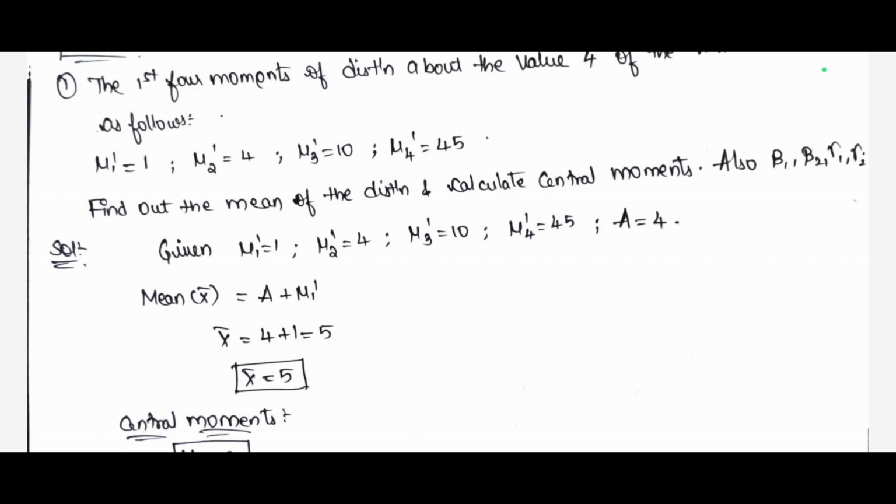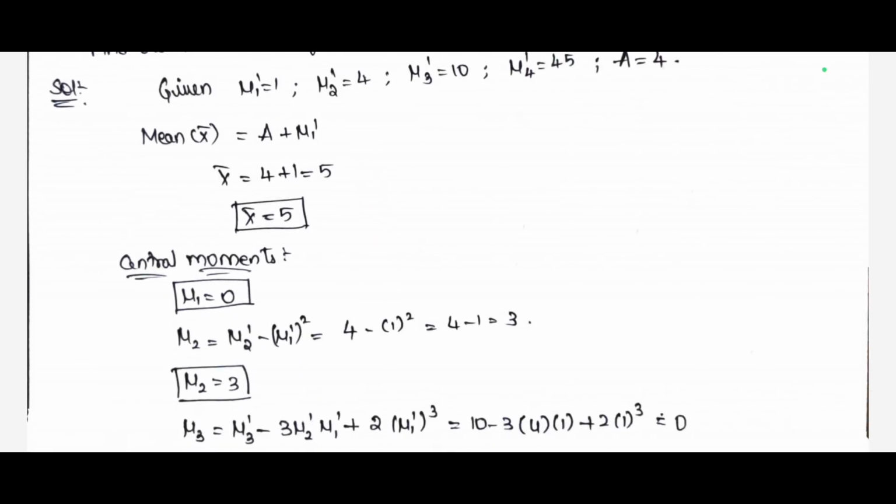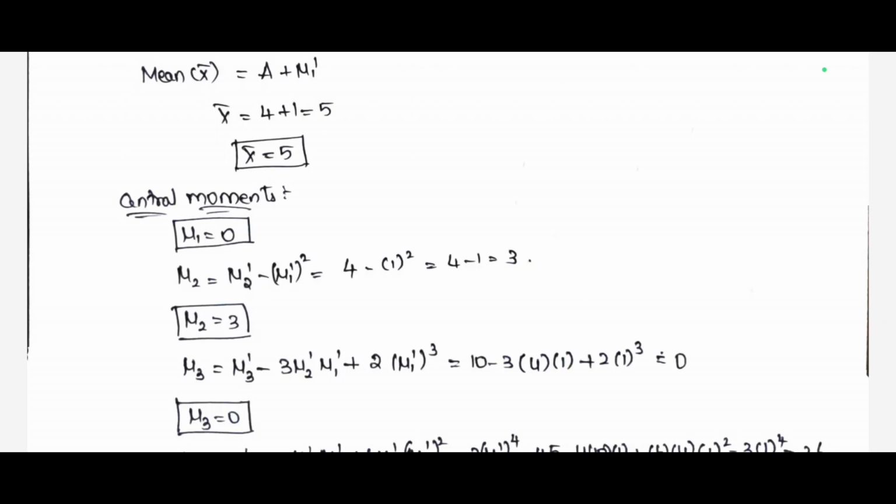Here that is equal to 4 plus 1, that is x bar equals 5. Now the central moments: mu1 is 0, mu0 is 1. Mu2 is equal to mu2 dash minus mu1 dash whole square, that is 4 minus 1 square, that is 4 minus 1, that is 3.